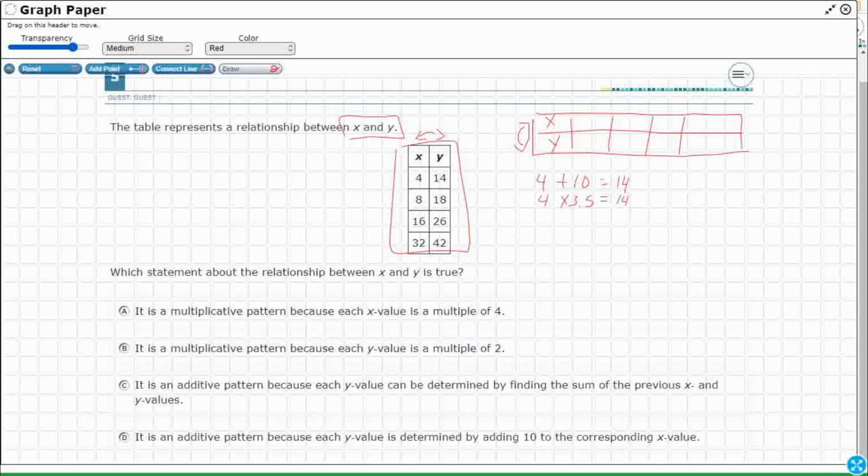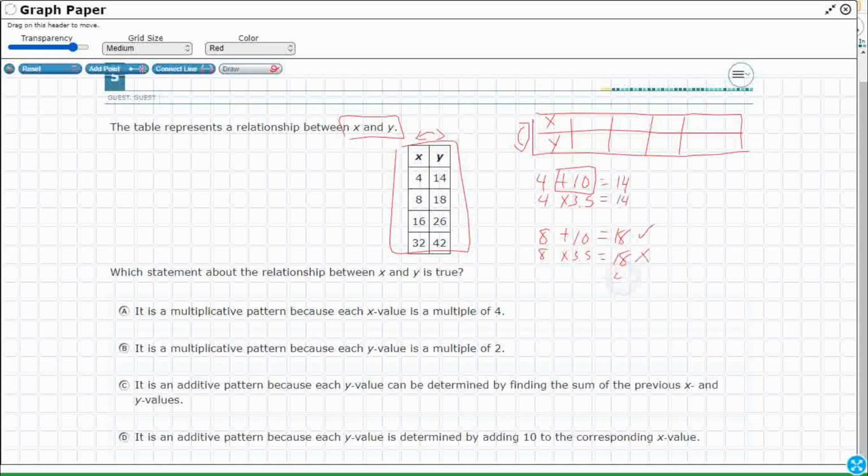So I've got 8. I already tried a plus 10, so let's see how that works. 18, okay, check. 8 times 3.5? Well, 3 eights is 24, so half of 8 is 4. That's going to end up being 28, but this wants me to do 18.